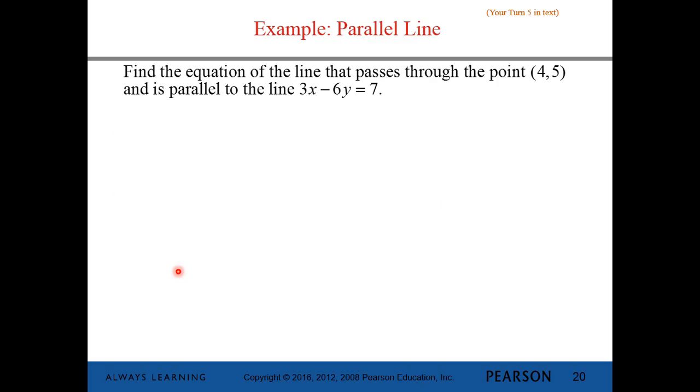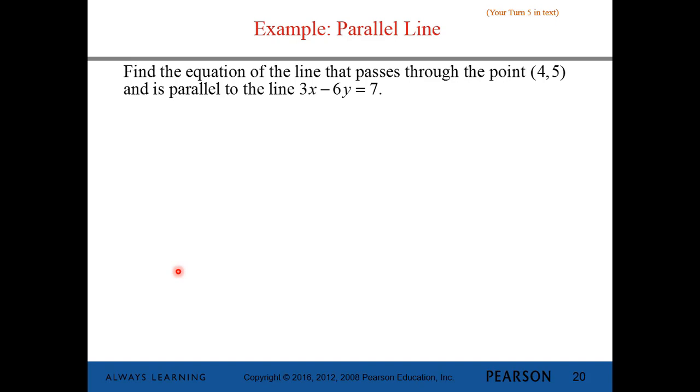Okay, now here's an example where we're going to look at parallel lines. It says find the equation of the line that passes through the point 5, 4. So we know that 5, 4 lies on the line and is also parallel to this given line, 3x minus 6y equals 7.